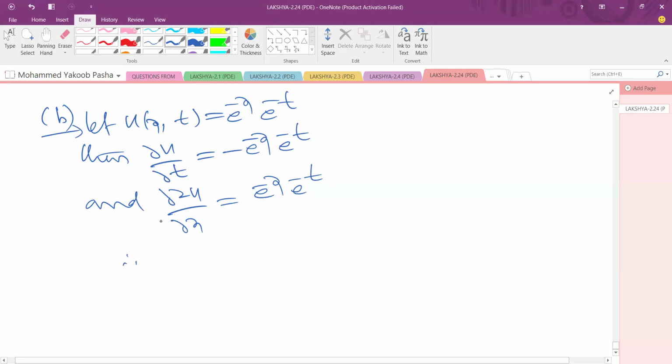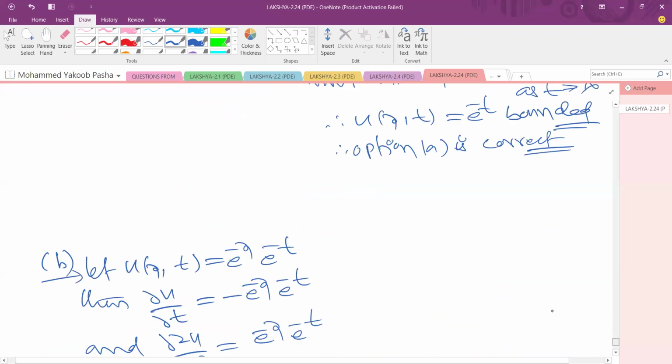Therefore, the dou u by dou t, left side, is minus e power minus x into e power minus t. Dou square u by dou x square is e power minus x into e power minus t, plus one more term, that is e power minus t.